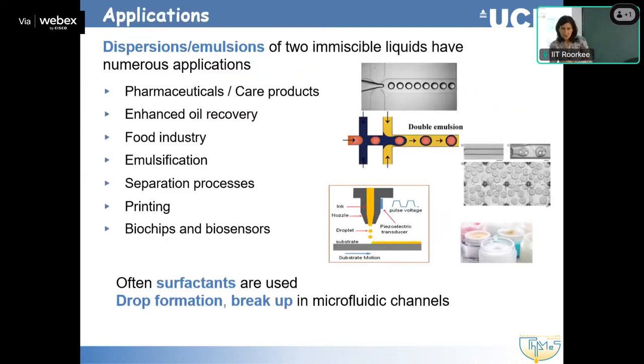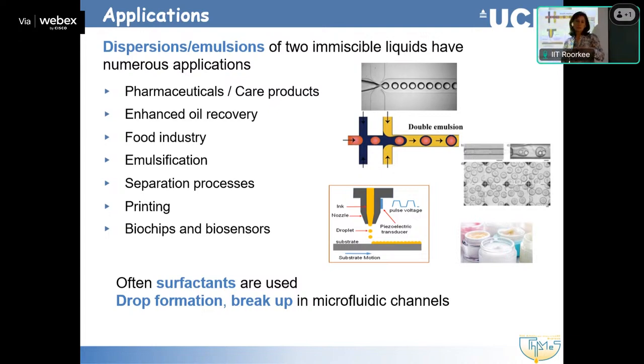So just to put it a little bit into context, you've heard a lot about applications, and we started from two-phase flows. We looked at different flow patterns, and we spoke more about plug flow, and we will return to plug flow tomorrow because this is the flow pattern we mainly use when we do mass transfer in small channels.